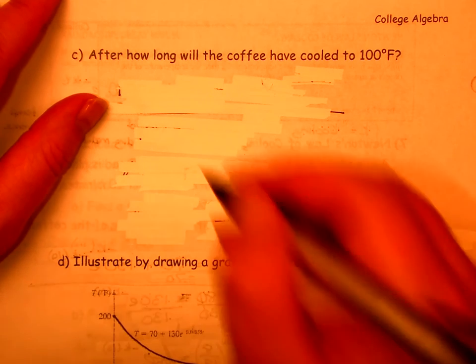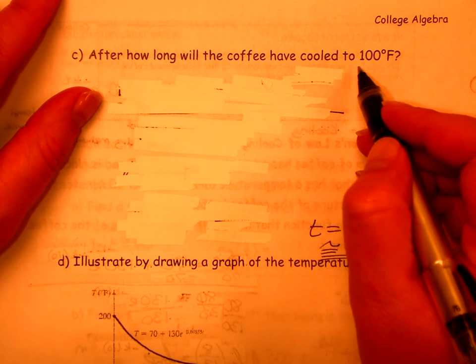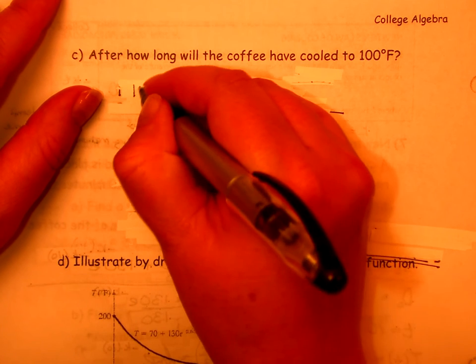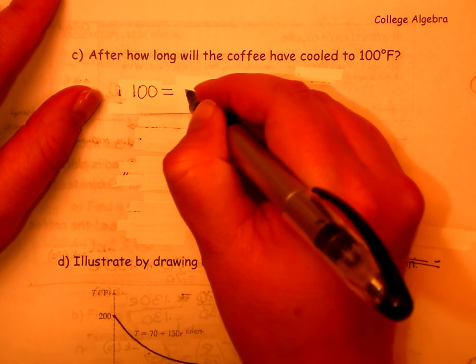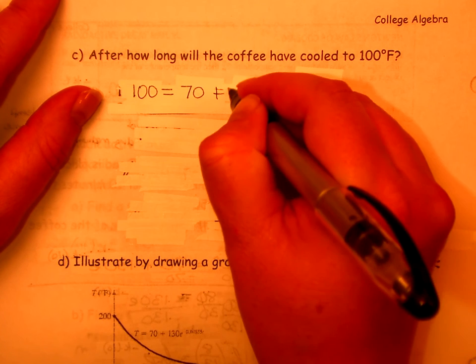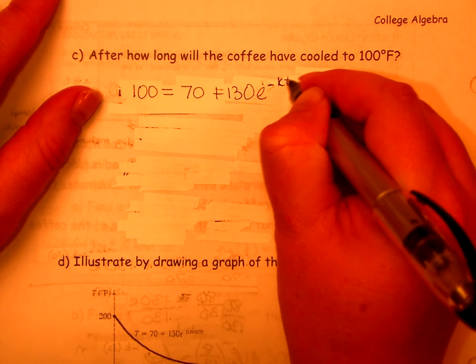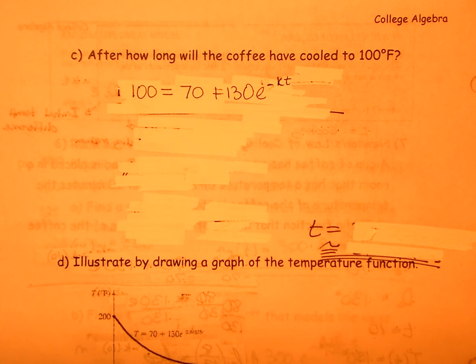All right, so let's go ahead and take our temperature and set it equal to 100. So I'm going to do 100 equals our equation, 70 plus 130 e to the negative kt, and solve this for t.